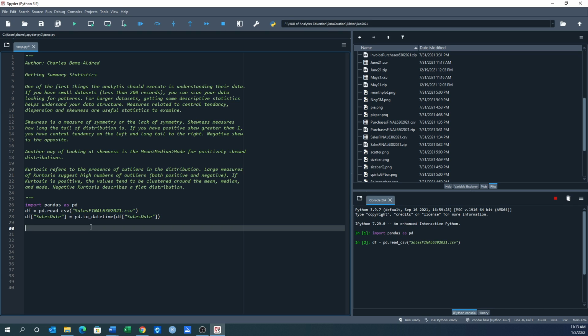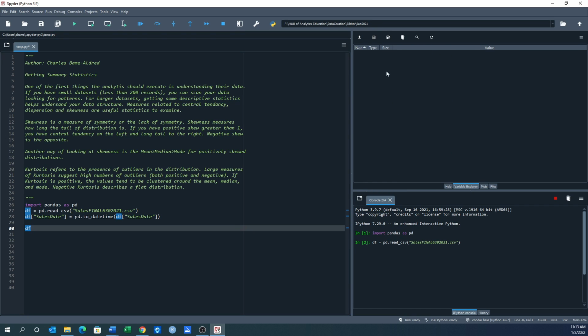So now let's start calculating some different statistics. We're dealing with this data frame, df, and maybe we want to get some statistics on our sales dollars.